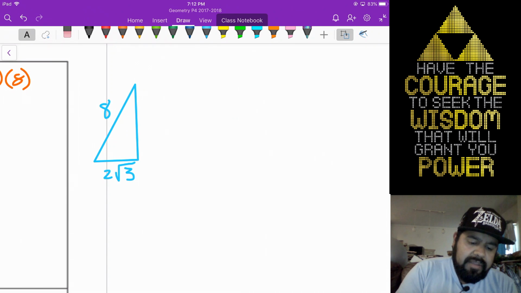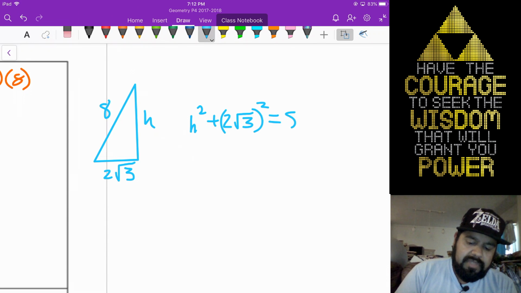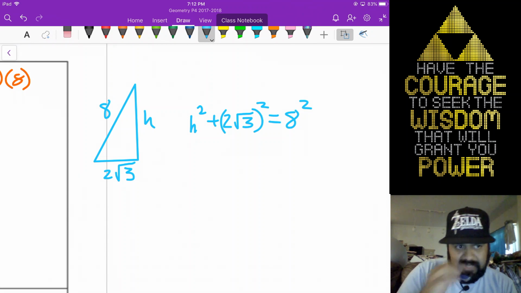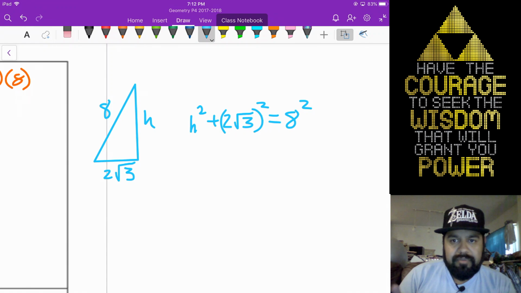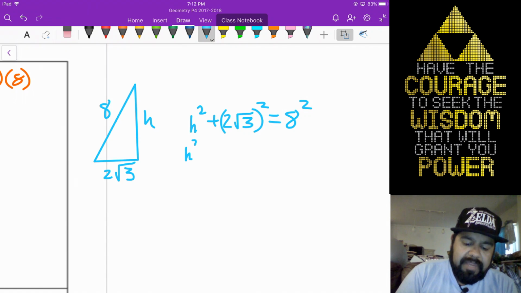Okay, we need to solve for h. We're going to go ahead and set up that Pythagorean theorem, Isaac. So h squared plus 2 rad 3 squared equals 8 squared. If you want to type these in your calculator, you're more than welcome to. I'm going to do these by hand. 2 squared is 4.